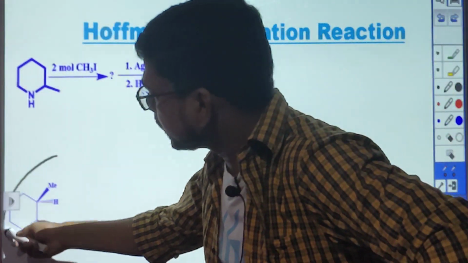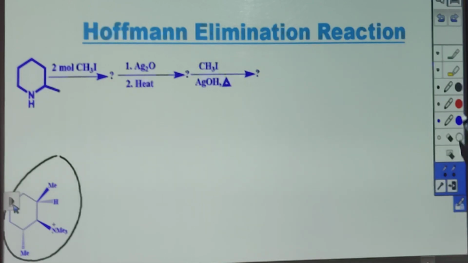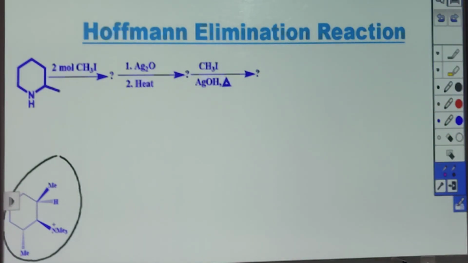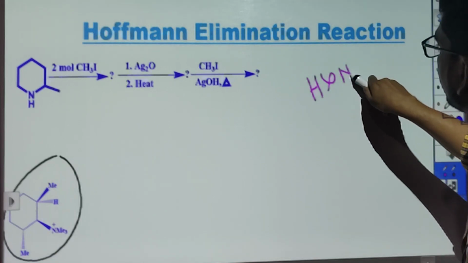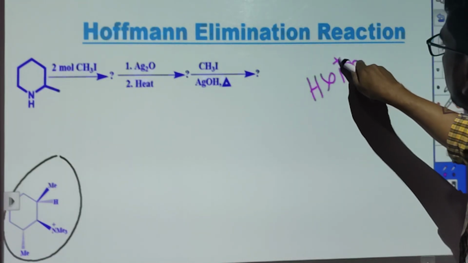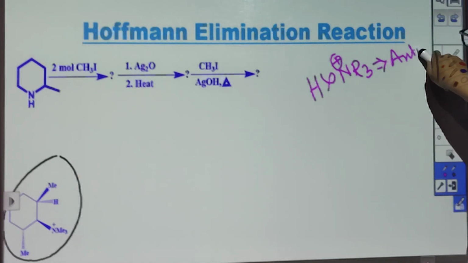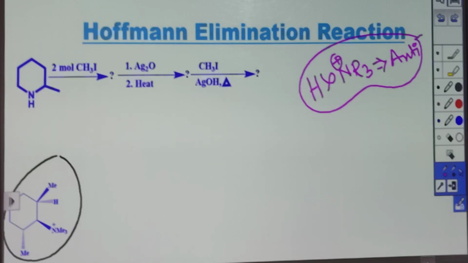This is a very interesting example. Why is this example given? When I was doing the Hoffmann elimination reactions, I told you in the first slide that H and NR3+ must be in anti positions. Then only elimination reactions will take place.